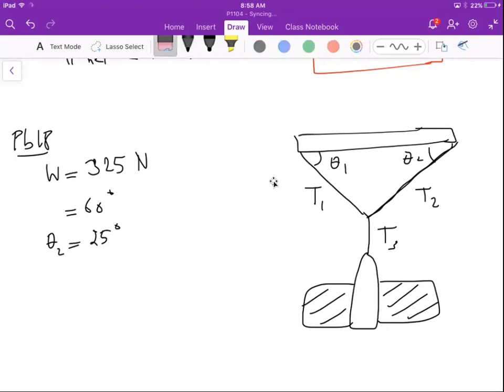If the system is in equilibrium, you have to find the tensions T1, T2, and T3 in the wires. When we say that the system is in equilibrium, that means that the acceleration is equal to 0. We have to find what is T1, T2, and T3 in the wires. Okay, so let's start.